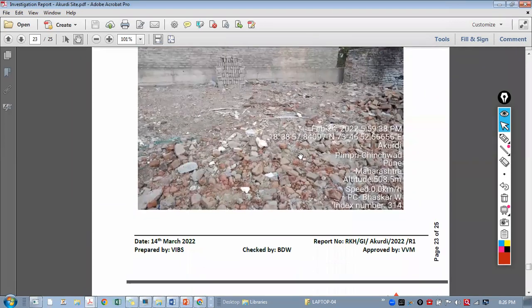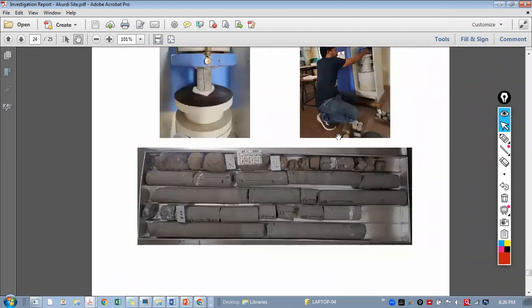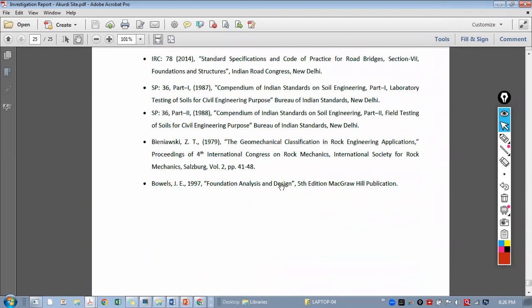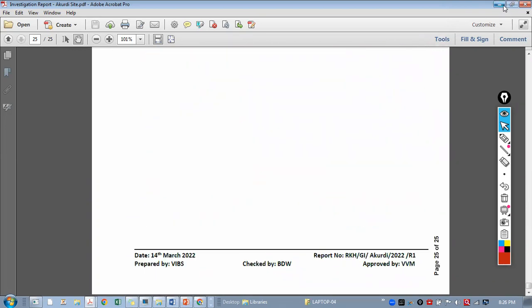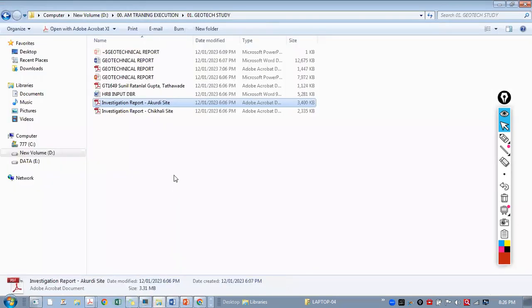This is the site core samples. They use test that in the UTM. Then, okay, all other piles, same reports are there actually.